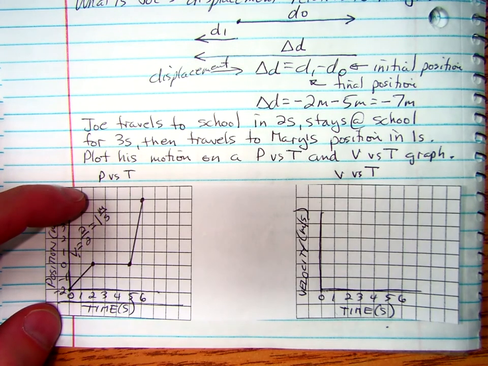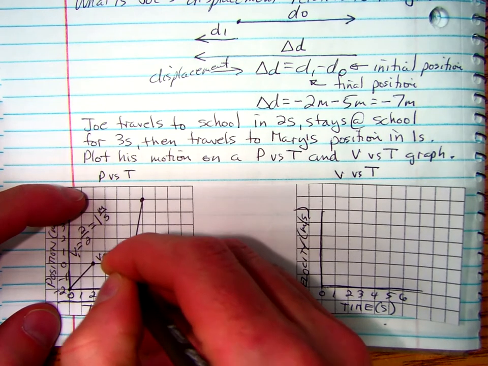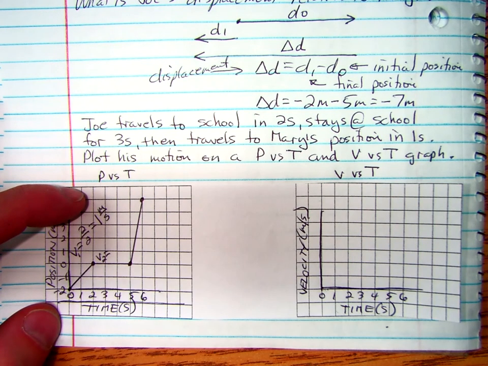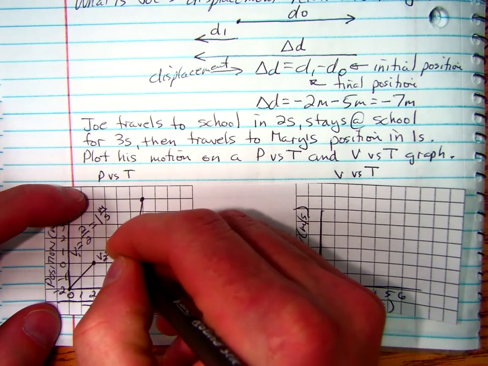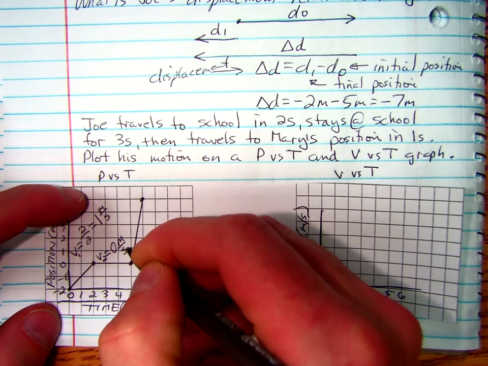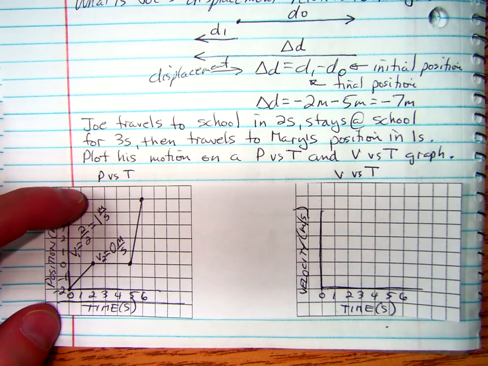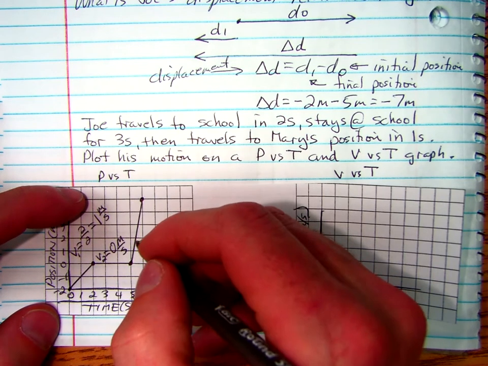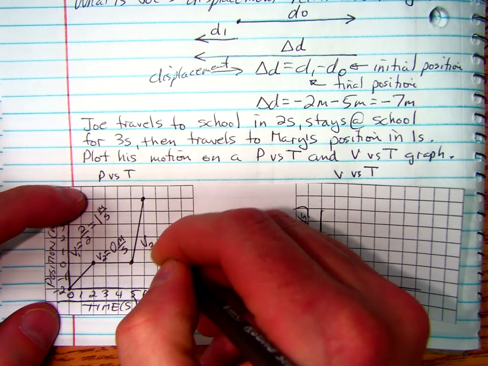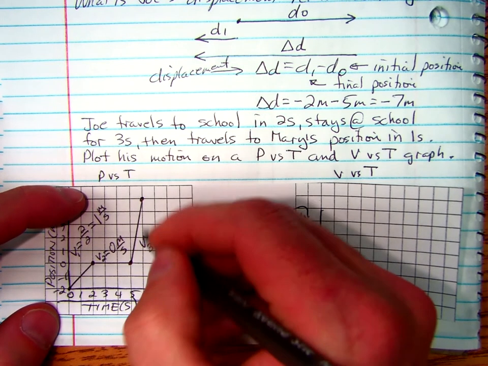The second velocity, v2, is represented by a horizontal line. We know the slope of a horizontal line is 0. So 0 meters per second is our velocity. And then the third one, we have to revert back to our equation. v3 is just the slope of this third line segment.